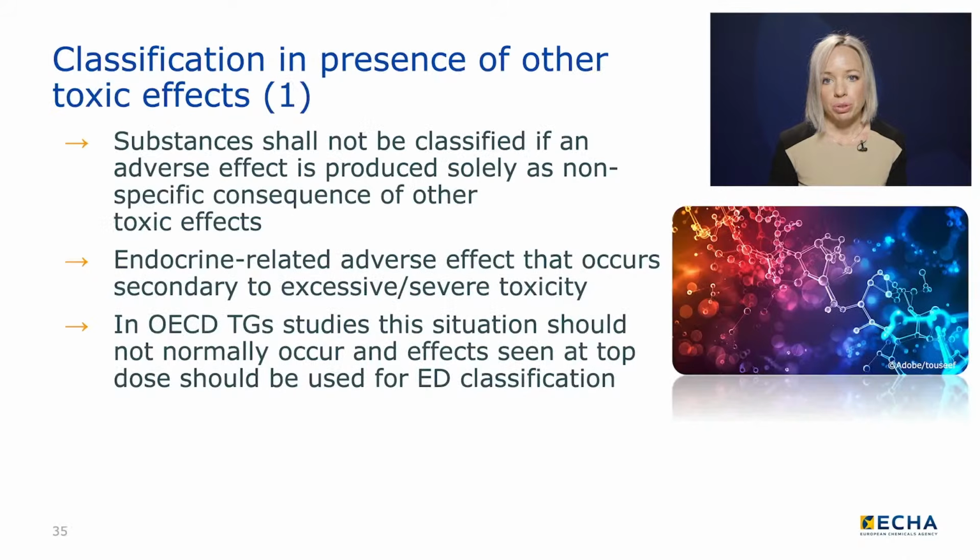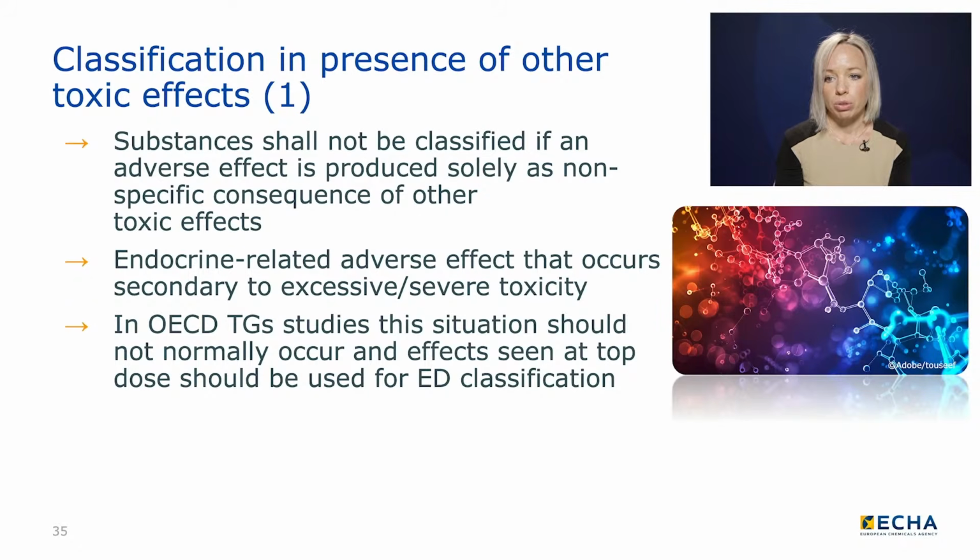When we go to look at the co-occurring other toxicity when seeing the ED effects, the approach in CLP legal text is slightly different and more strict than that in the ECHA-EFSA guidance. So if endocrine adversity is solely a non-specific, not a specific consequence of other toxicity, for example, when there is so severe or excessive other toxicity that the whole body collapses and all types of effects appear, then the classification may be dismissed.